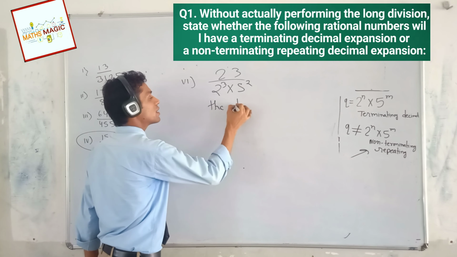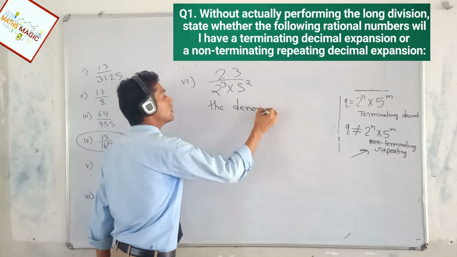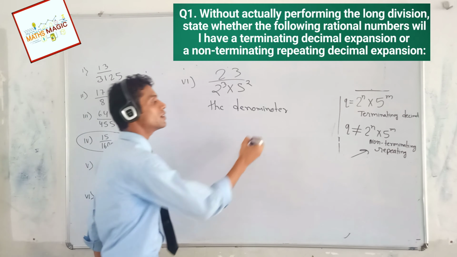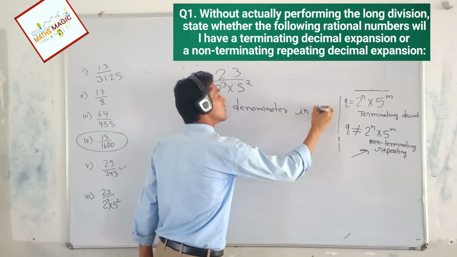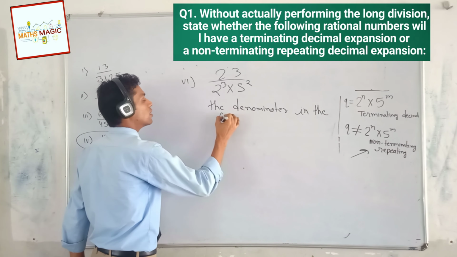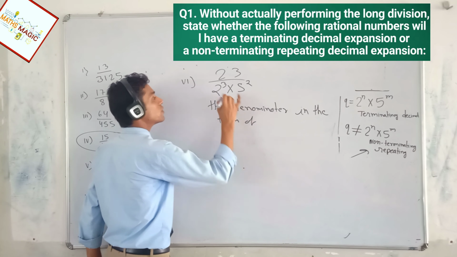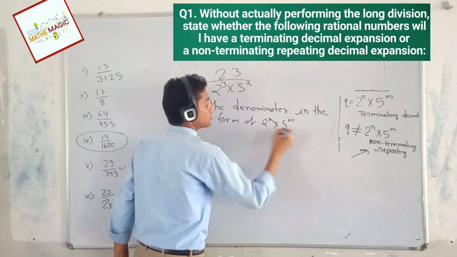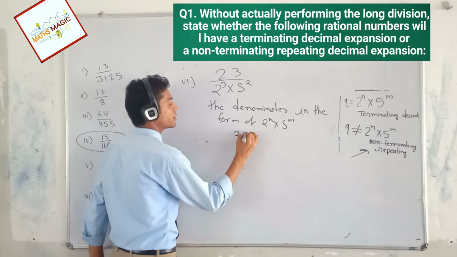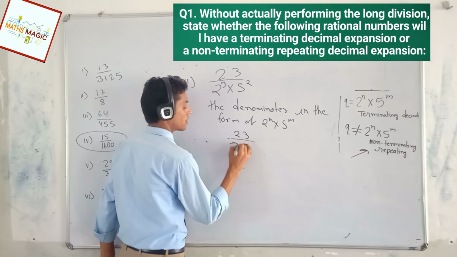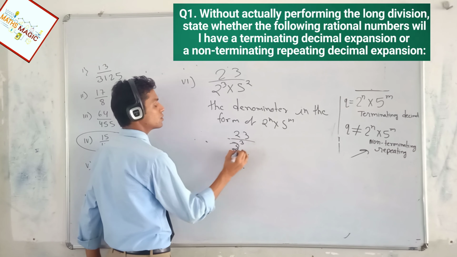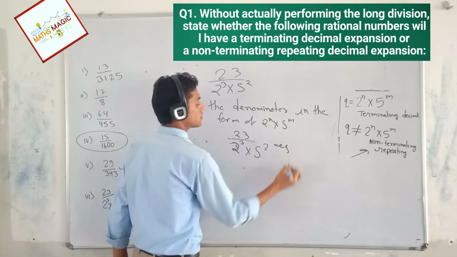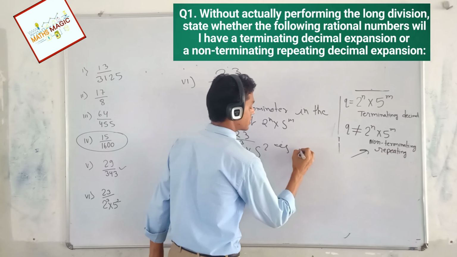The denominator is in the form 2^n 5^m. Therefore 23 by 2 to the power 3 times 5 to the power 2 is a terminating decimal.